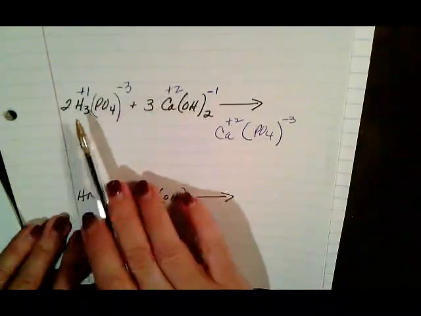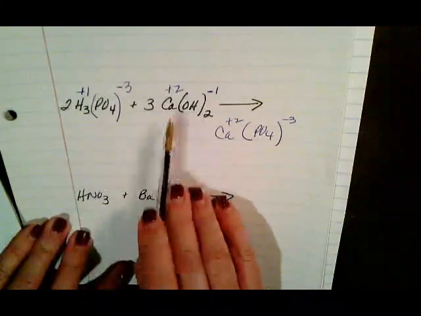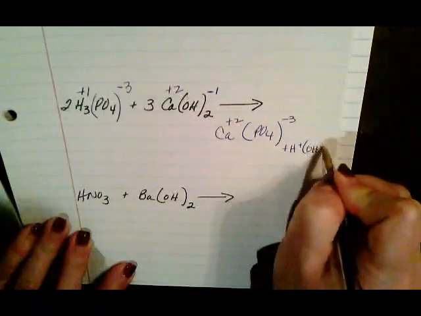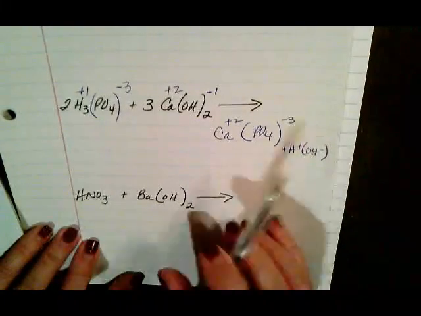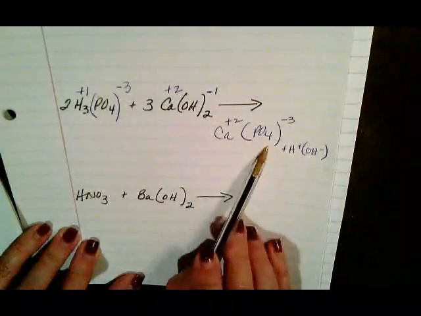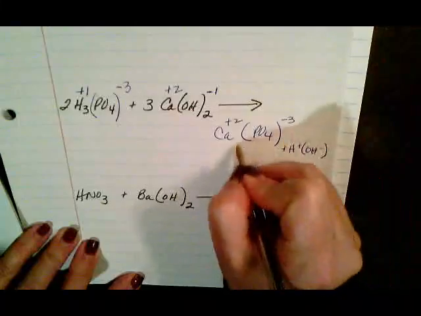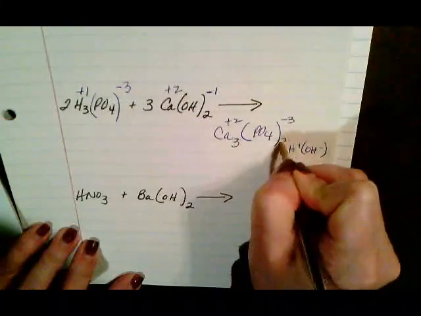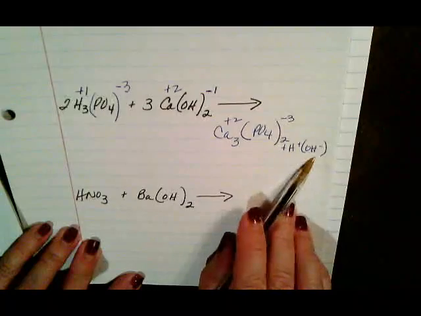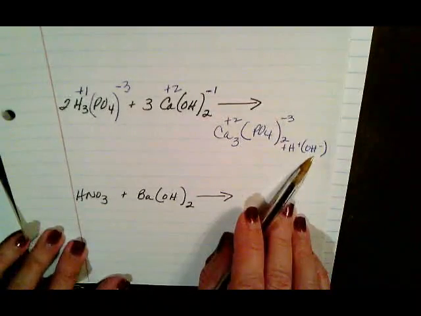And it is definitely going to be HOH. This is going to be a little hairy to balance, but not really. We know now that we have to write the subscripts of this. So this is a 3 and this is a 2. And HOH is the water formed.